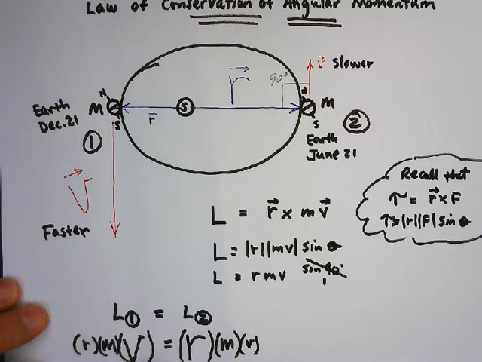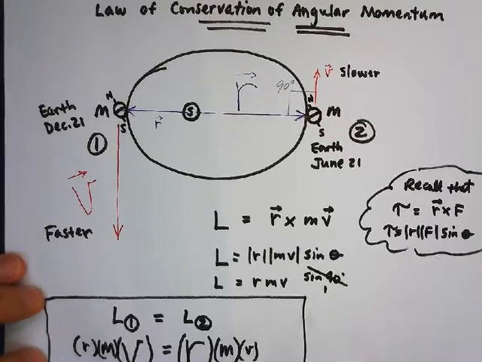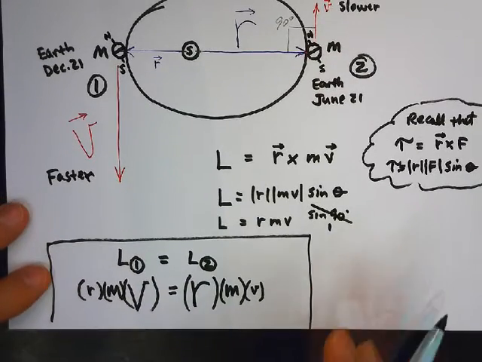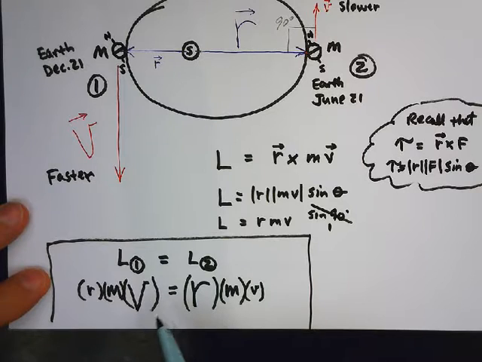So you can see if the position vector increases, the velocity decreases. And this is a direct result of using the law of conservation of angular momentum.